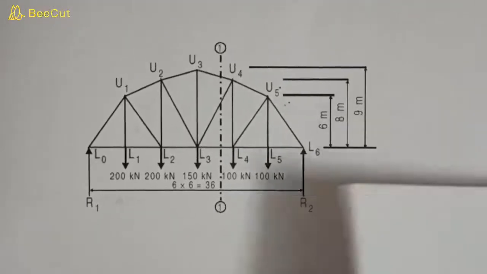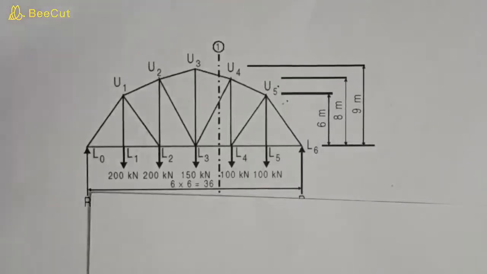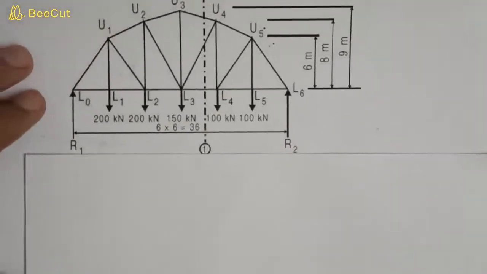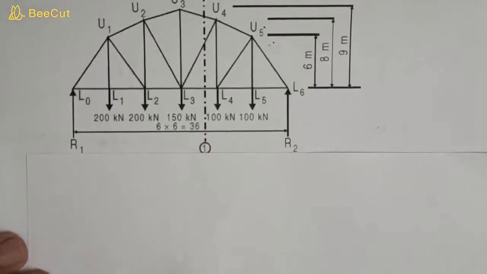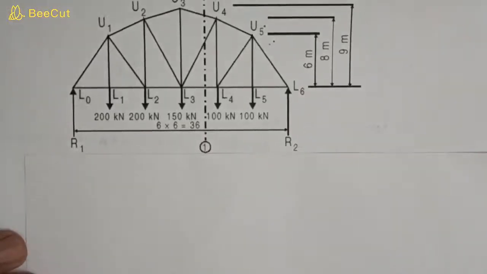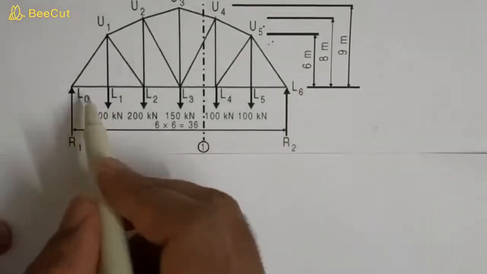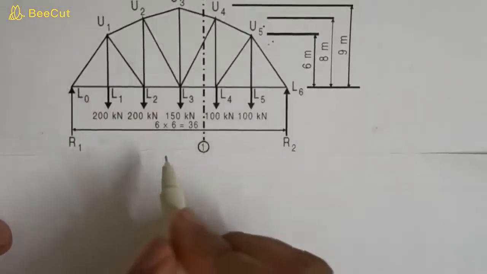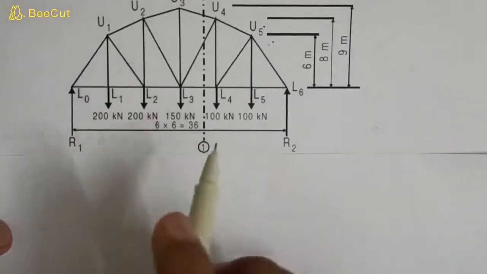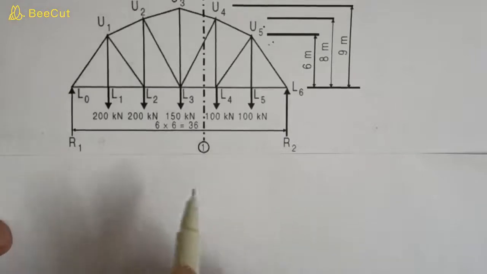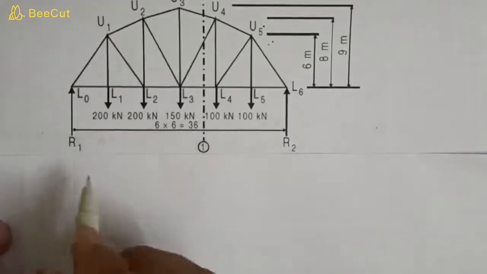Okay, so let's see. If we take moment about L0 as 0, then counterclockwise moments are equal to clockwise moments, meaning the sum of all the moments will be 0.